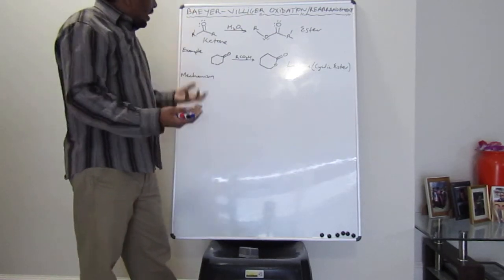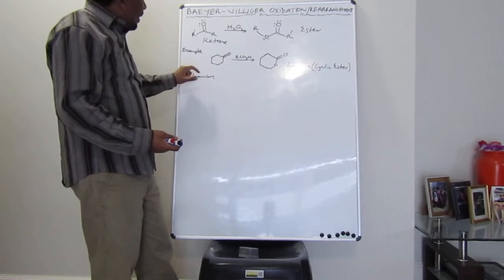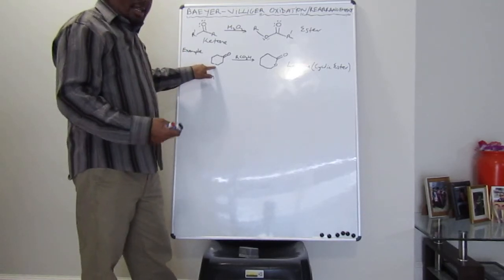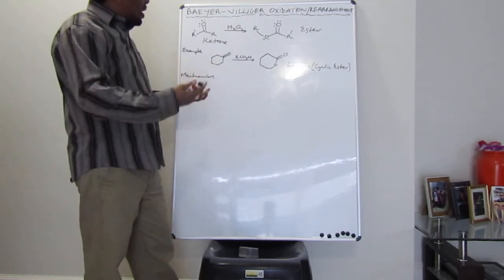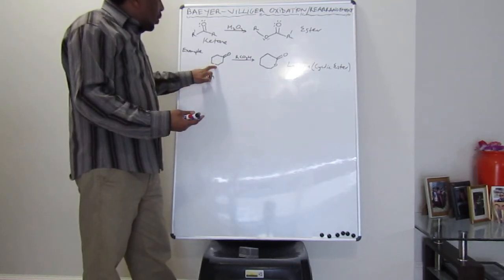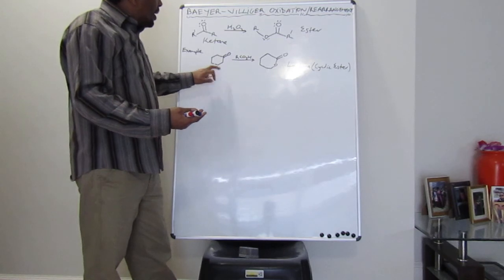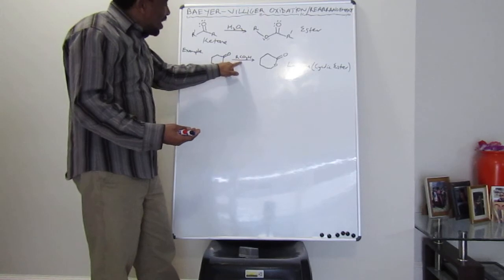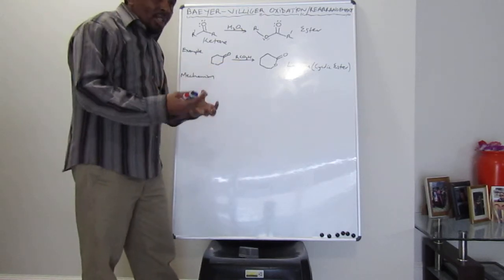Now let's take an example where we start off with a cyclic ketone. What do we get when we carry out this reaction in the presence of what we refer to as a peroxy acid?